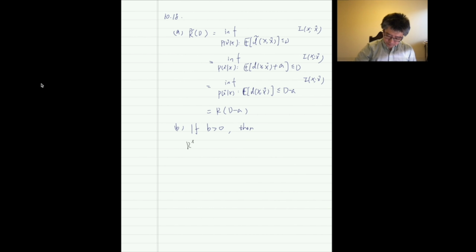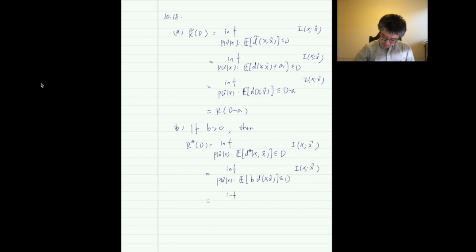Okay, R star(D) will be nothing but, and then, so this is B times D. Okay, and next step is that we want to represent everything in terms of D, less than D over B and mutual information.